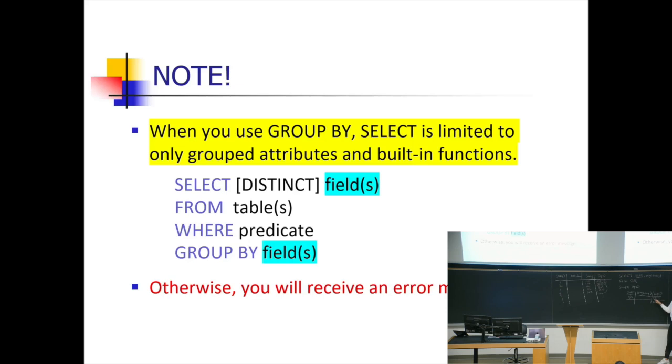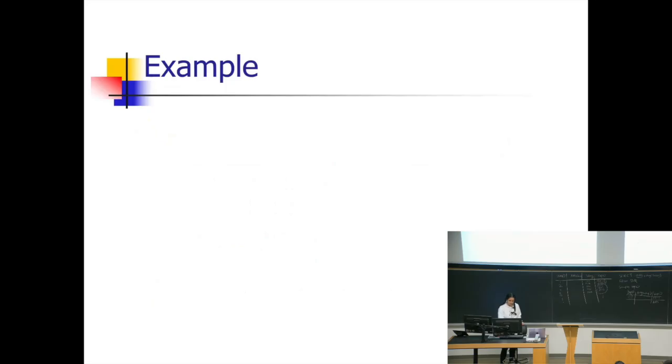So this is not allowed, and therefore we cannot have a staff ID here. Same thing goes for salary. We don't know which salary for each department. But we can use average salary. We can use count of a staff name, count of a star, which is, in this case, number of employees. And so, these are the things that we can use and we cannot.